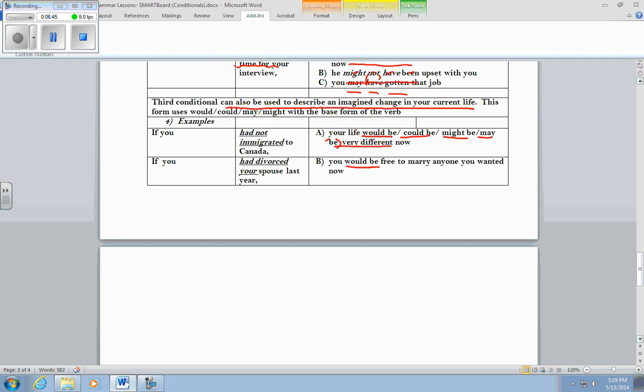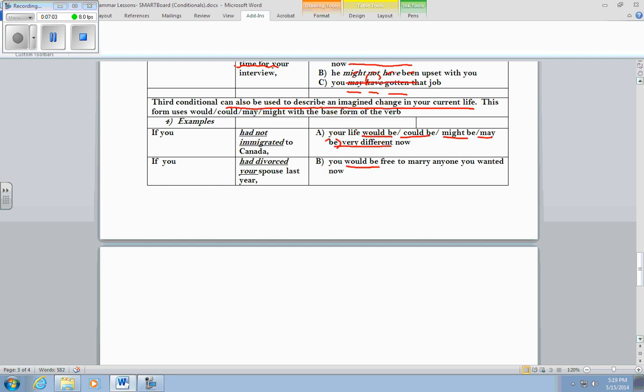Okay, so you're imagining a situation that is different from what actually happened. That's what we use the third conditional for. You're imagining a situation that didn't happen and what might have happened if something had been different.